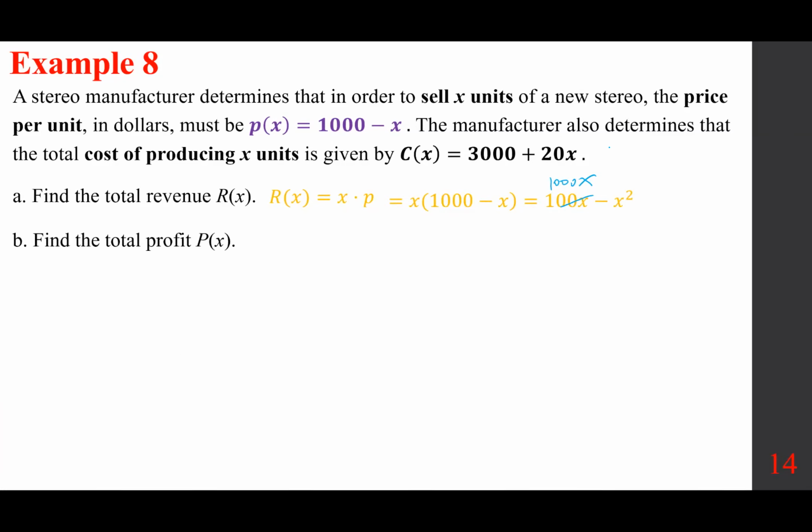Profit by definition is the revenue minus cost. Revenue minus cost. So 1,000X minus X squared minus the cost that was given here.